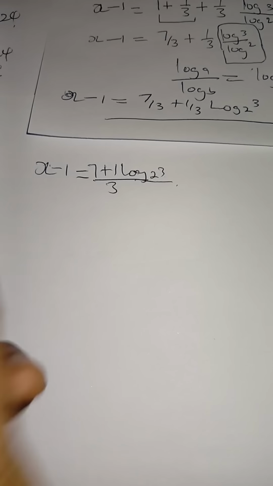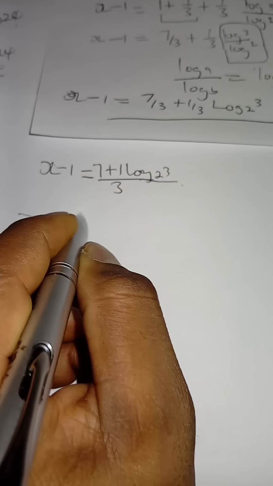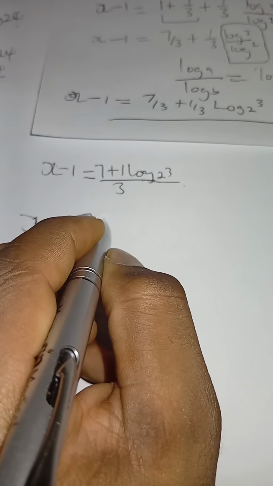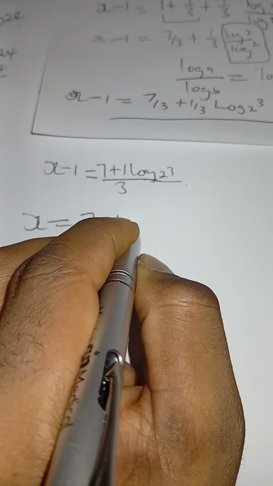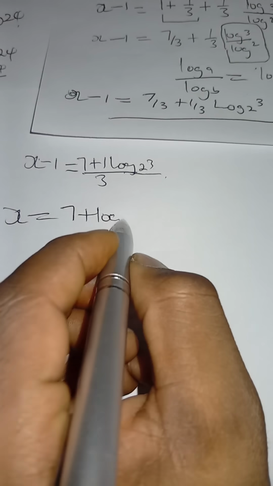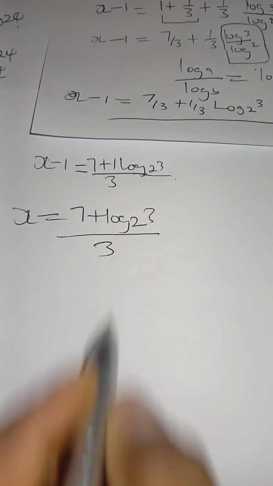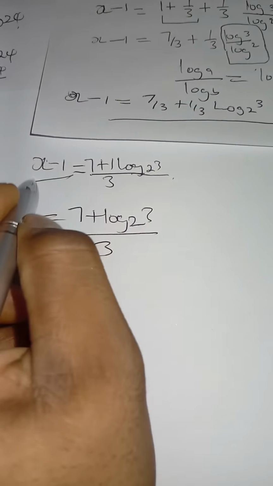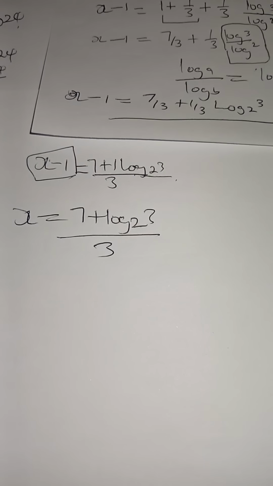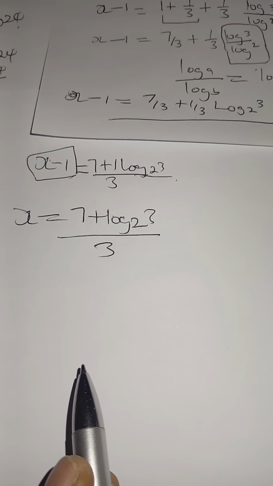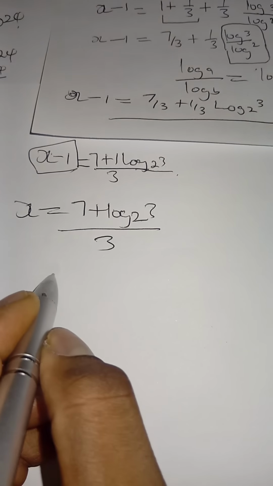Our answer is x is equal to (7 plus log_2 3) divided by 3. Now the question is, where is minus 1? Now minus 1 is here.